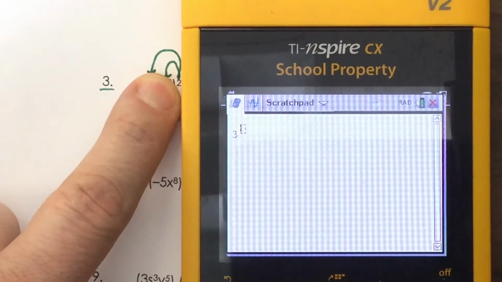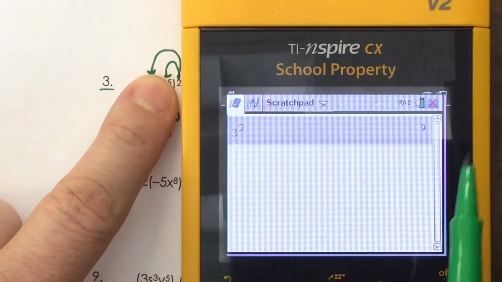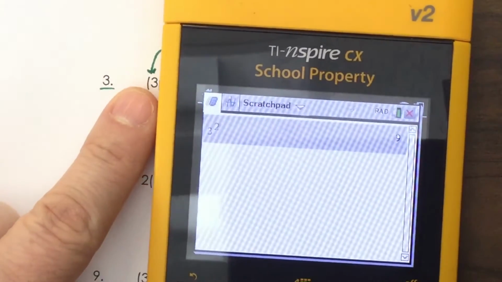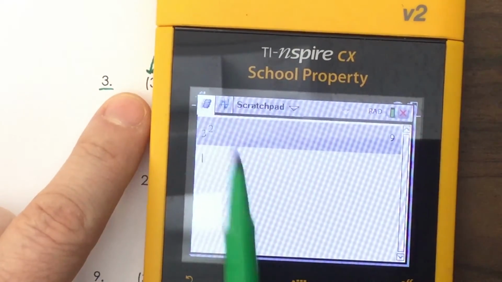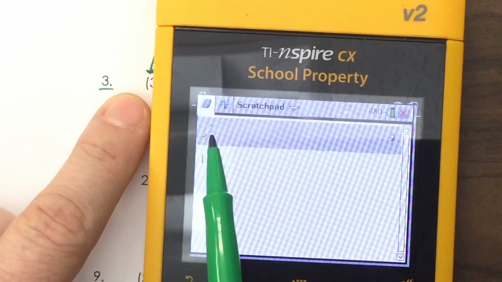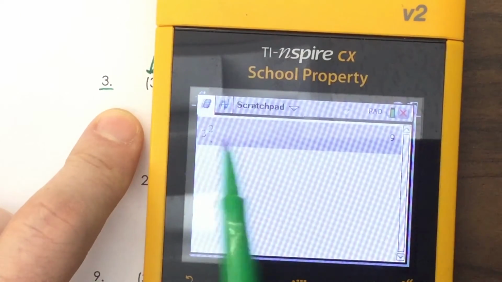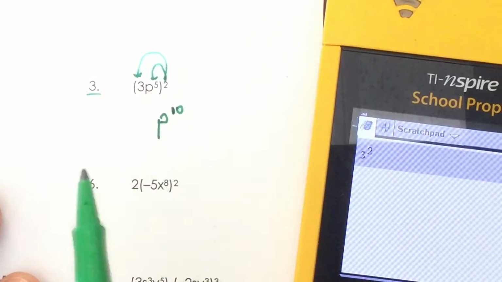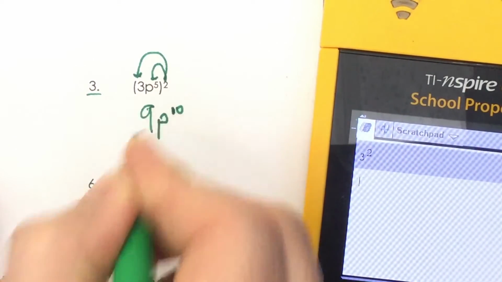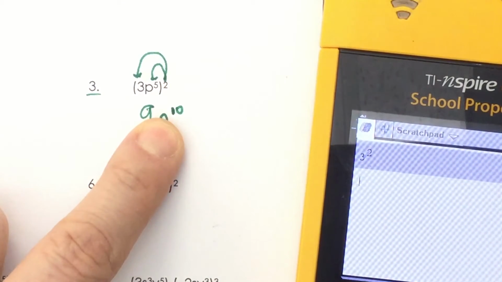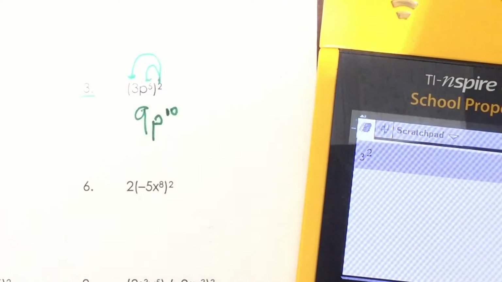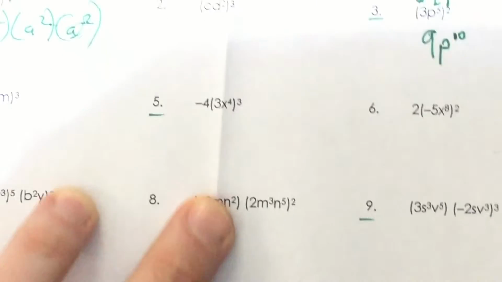In this case, I put a 2. When I push enter, I get 9. Because 3 to the power of 2 means 3 times 3, not 3 times 2. Okay? So that gives me 9. So the answer to number 3 is 9p to the 10th power. All right? Let's go on to number 5.